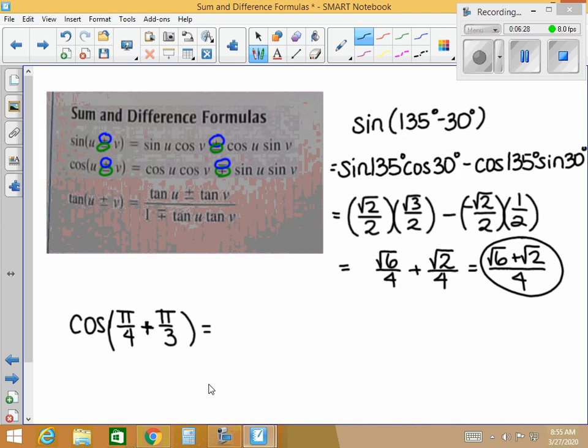So if I have cosine u plus v, then I have cosine u cosine v. A plus sign in between them on the left side means I'm going to put a minus sign in between them here. Sine u sine v.